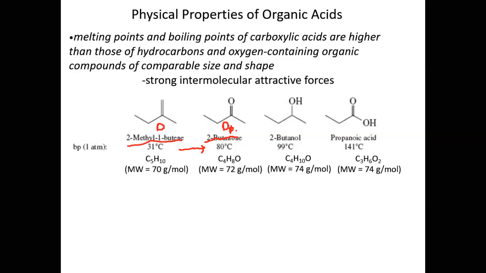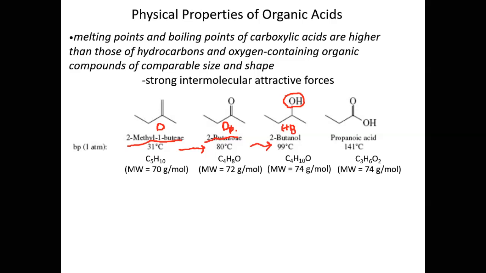Now if we look at 2-butanol, we replace that ketone with an alcohol. So now what type of intermolecular forces do we have? That's correct. We have hydrogen bonding. And so you see again an increase in the boiling point, because hydrogen bonding is stronger than dipole-dipole. Now we get to propanoic acid.